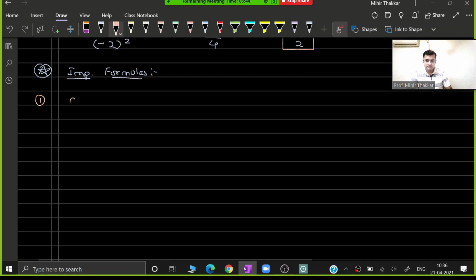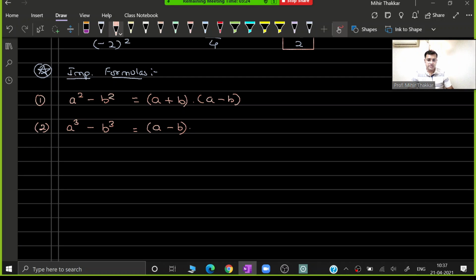Number 1, a square minus b square, which you already know, it is a plus b into a minus b. Number 2, a cube minus b cube, that is, you should know it is a minus b into a square plus ab plus b square.